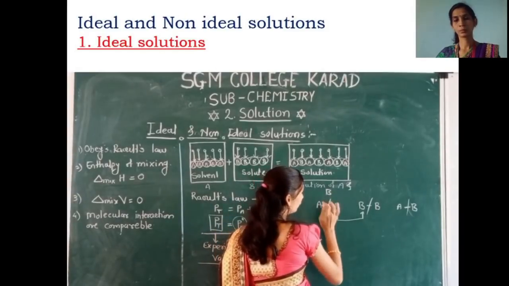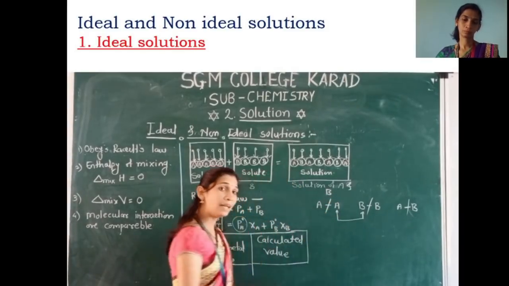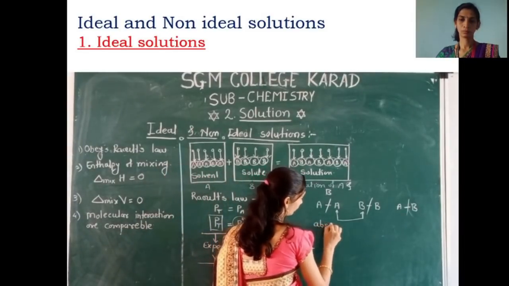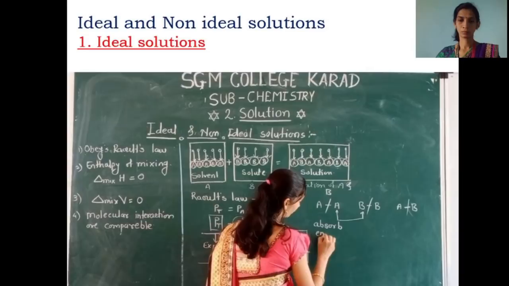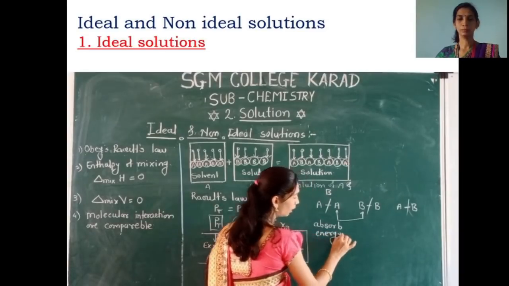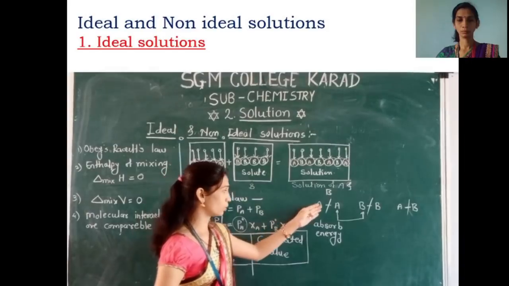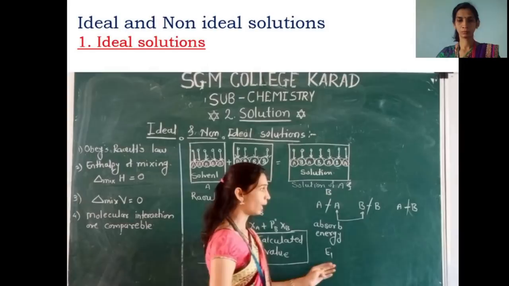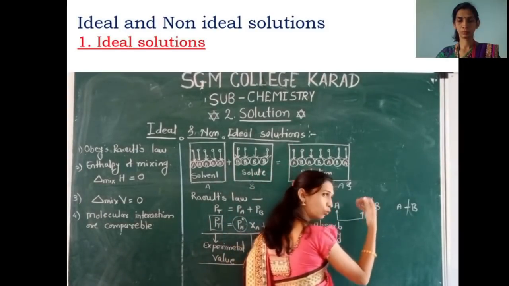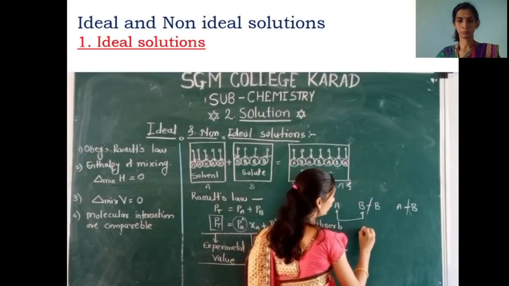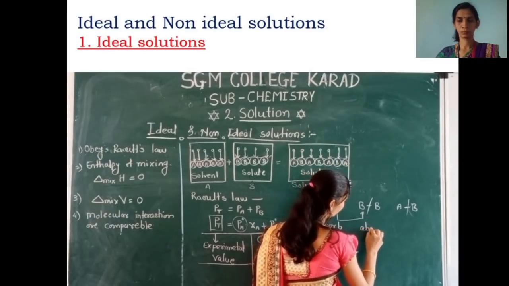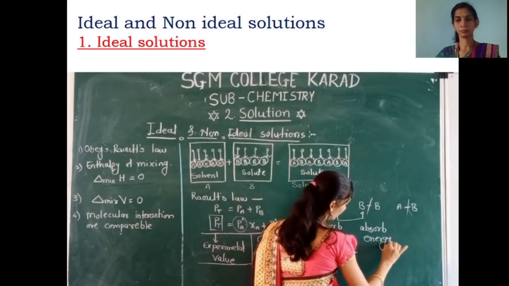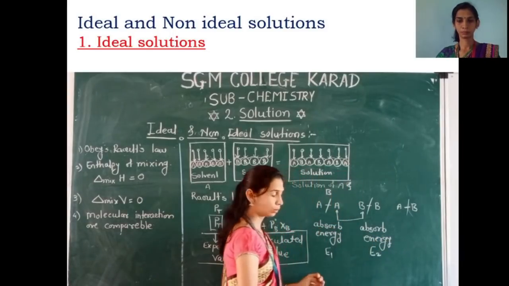When we want to break this bond, then that solvent absorbs the energy. For breaking the bond, the solvent absorbs energy. That energy, we write it as E1, and for the solute, that energy is our E2.